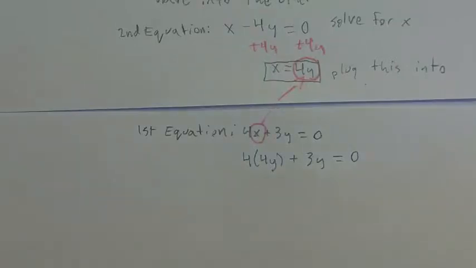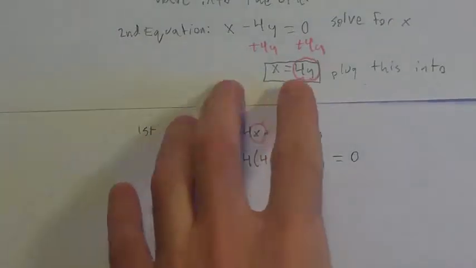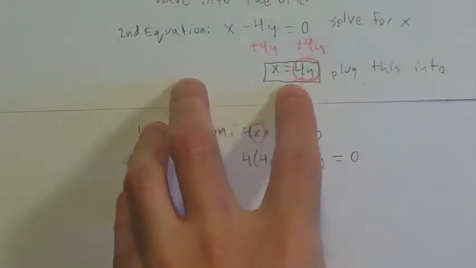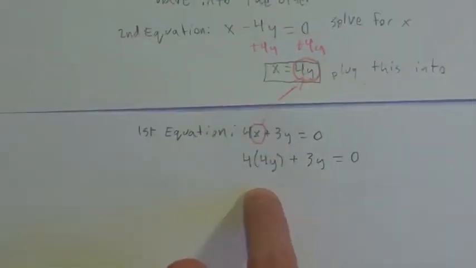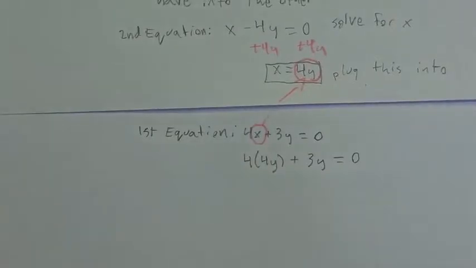There's probably a more efficient way to go in each problem, but not necessarily a right way to go. Okay, so what you do is you solve one of your equations for one of the variables, like x equals something in terms of y, or y equals something in terms of x, and then you plug it into the other piece here.